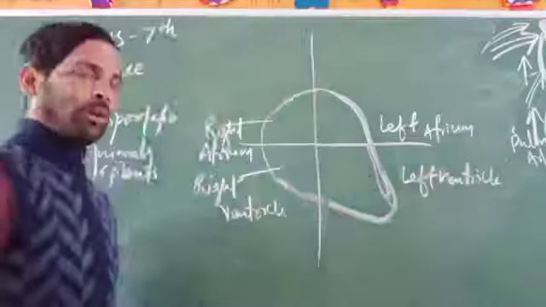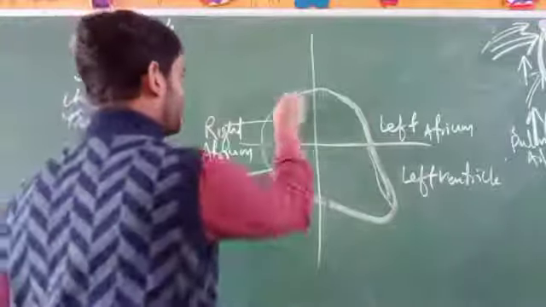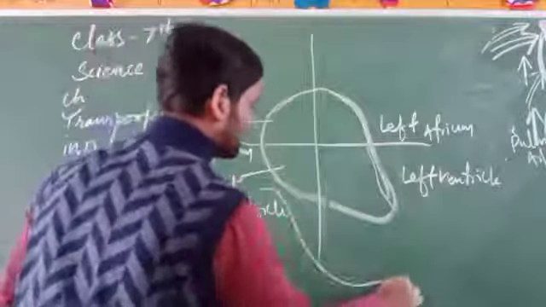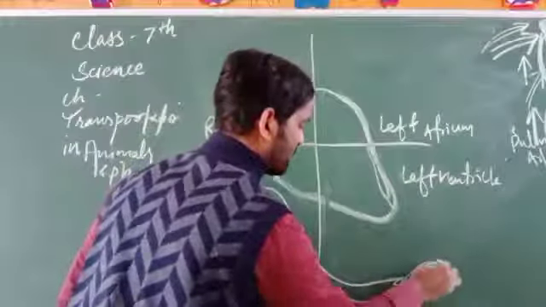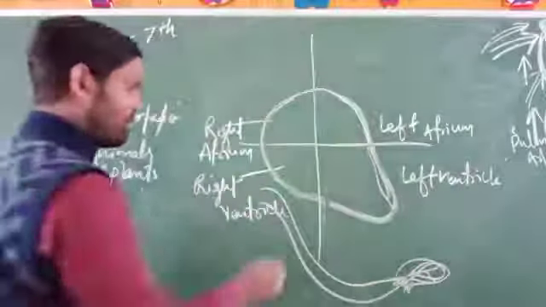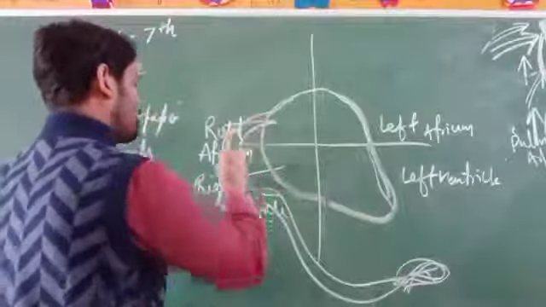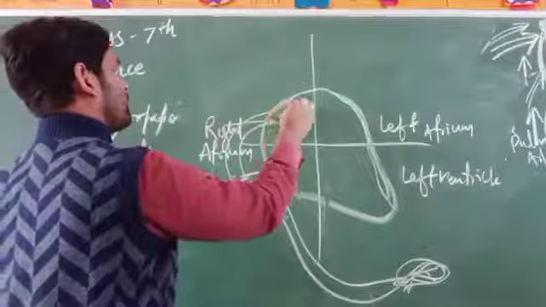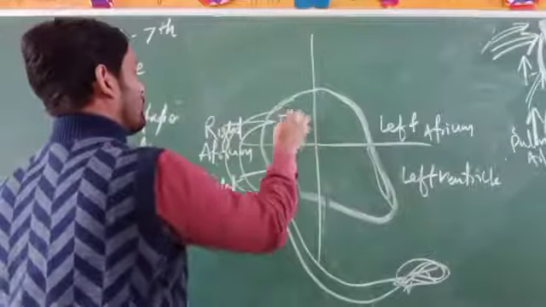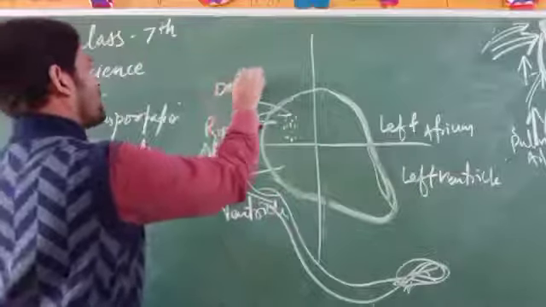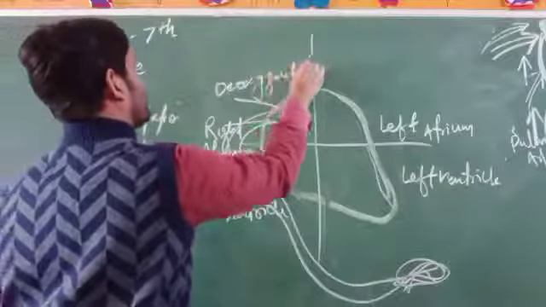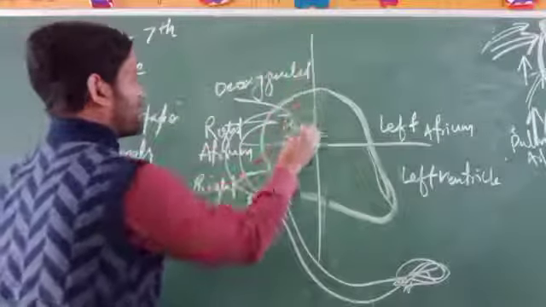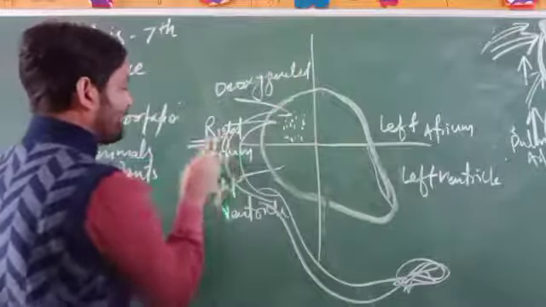First of all, the deoxygenated blood which comes from the capillaries of the body moves first to the right atrium. In the form of deoxygenated blood, it firstly reaches the right atrium.